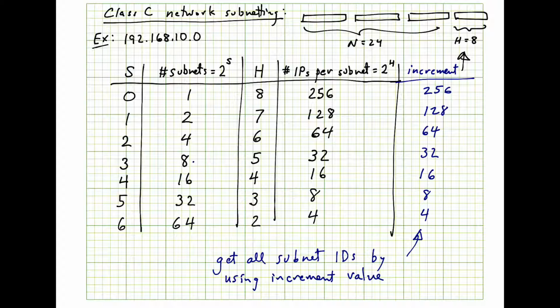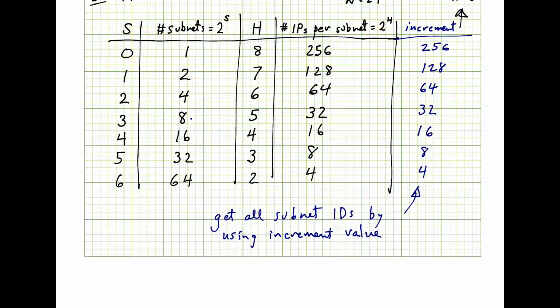How do we get the broadcast addresses? The broadcast addresses, each is one less than the next subnet ID.